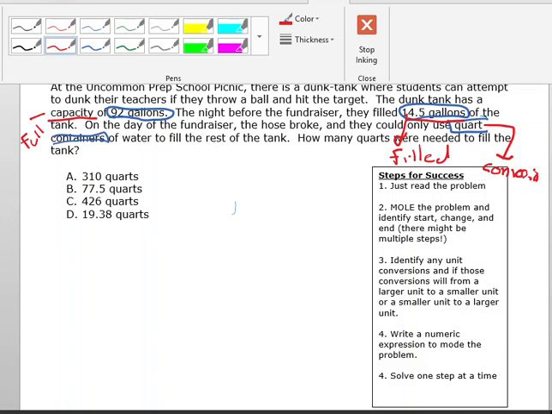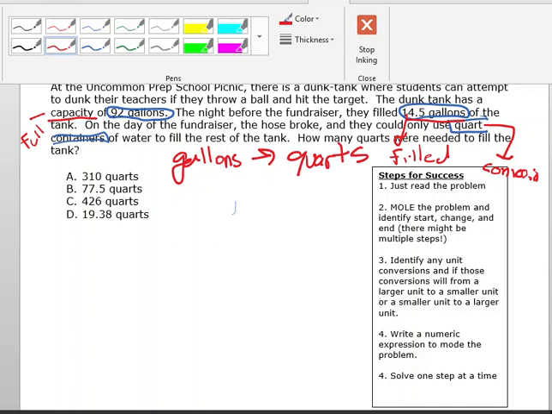So identify unit conversions, and if those conversions will go from a larger unit to a smaller unit, or a smaller unit to a larger unit. So here I'm going from gallons to quarts, and quarts are smaller, okay, because it is 4 quarts to 1 gallon. So I'm going to model this problem, okay?